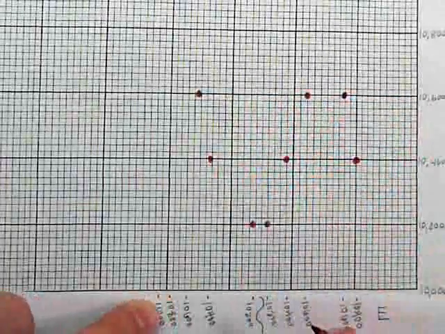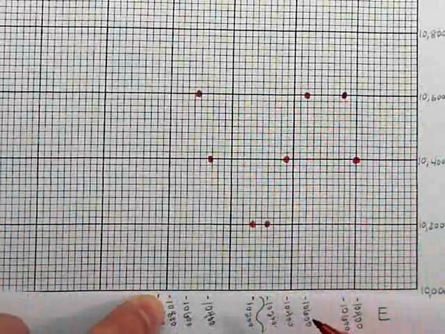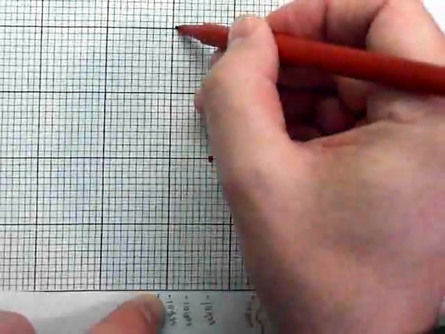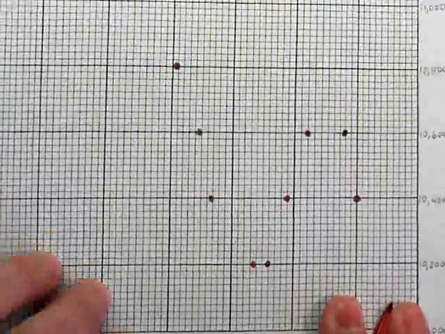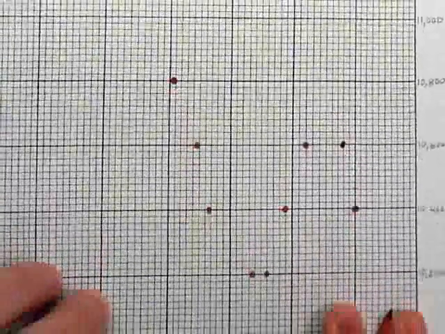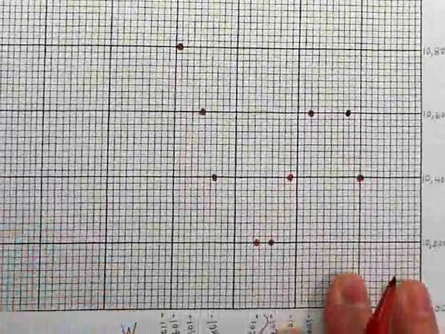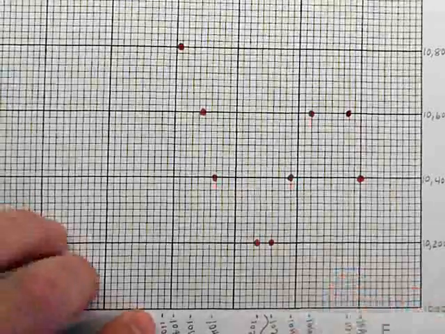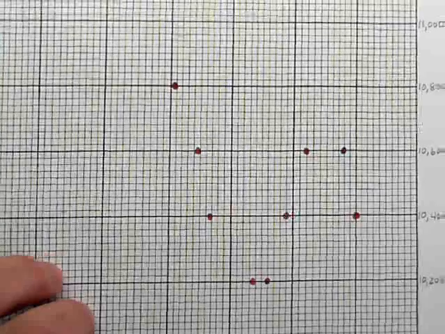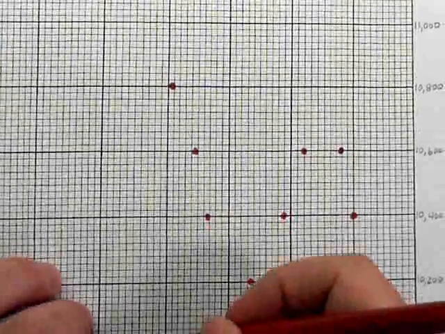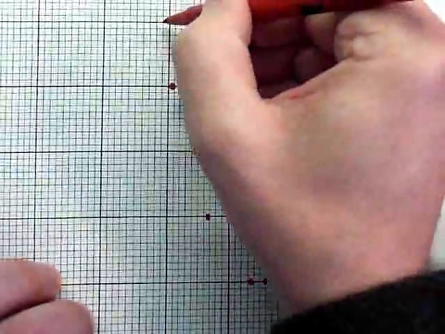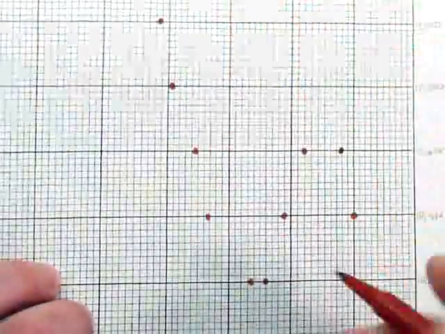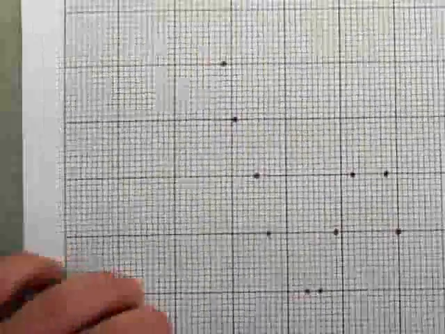Make a mark. All right, now we have 10,800. All right, make a mark. And then we have our last point, which is 11,000. Okay, so that would be directly above it, and will be right here. Okay, so now I've made my marks.